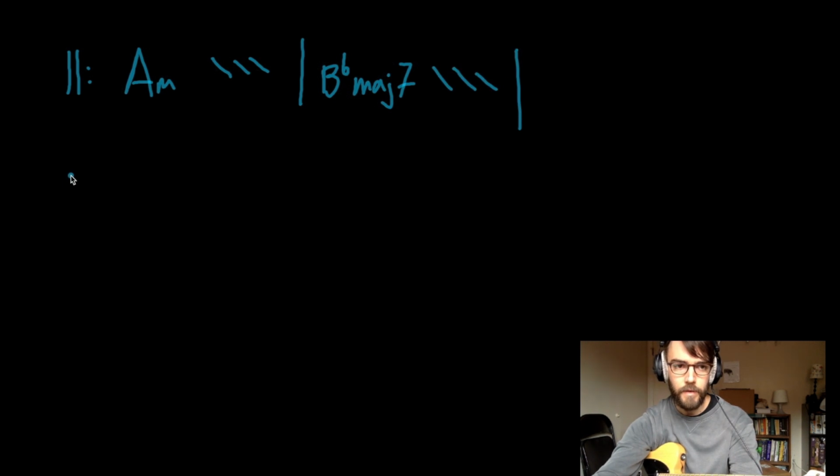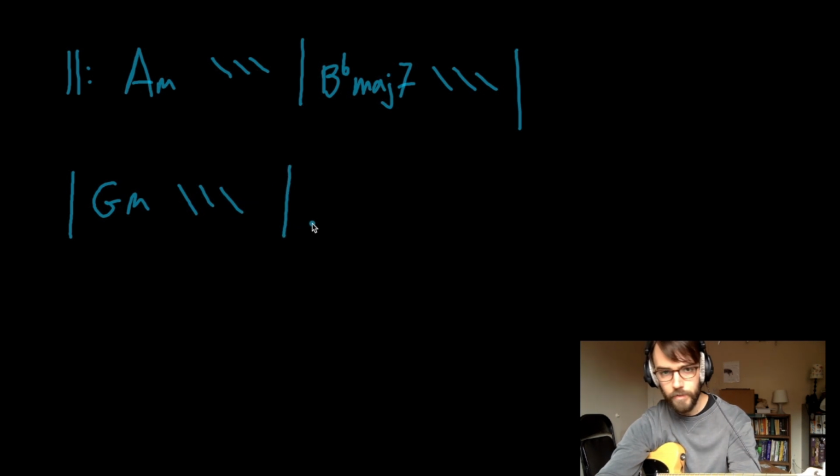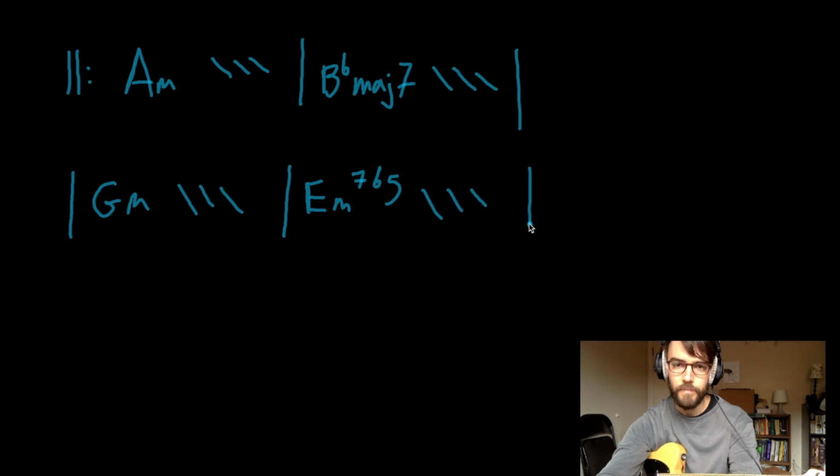All right, then we come down to G minor, just plain old G minor for this one. And then we're going to finish with E minor 7 flat 5, otherwise known as E half diminished.